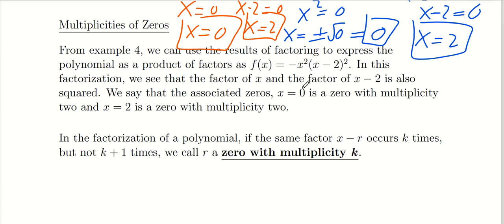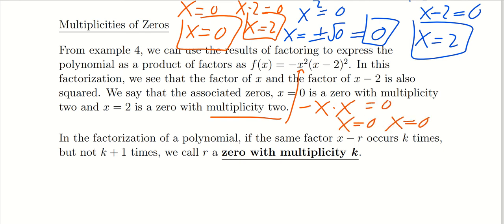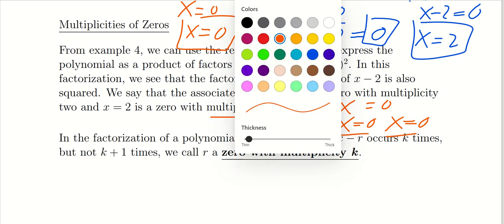We would say that x equals 0 is a zero of the function with a multiplicity of 2. And the reason why it has multiplicity 2 is because it appears as a factor twice. If you were to rewrite it like negative x and x, set those pieces equal to 0, it's producing essentially two factors, both of which give the solution x equals 0.